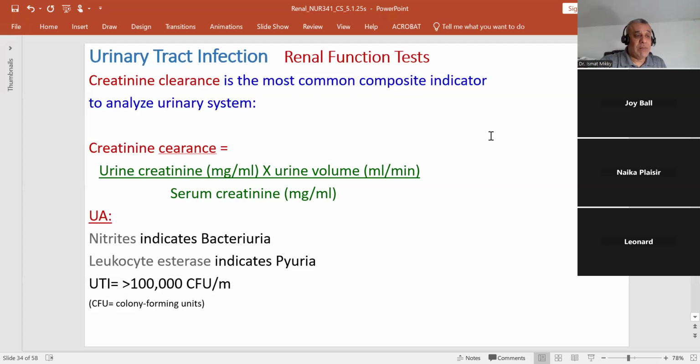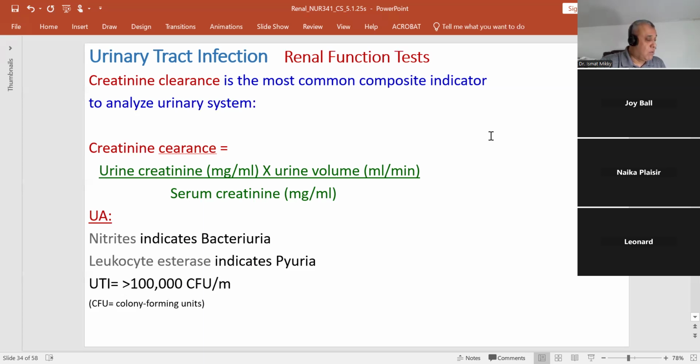The presence of white blood cells and leukocyte esterase is, I would say, the number one indicator of UTI. Once you go over the UA results and you find high white blood cells and leukocyte esterase, it's highly likely that this patient has developed a UTI.